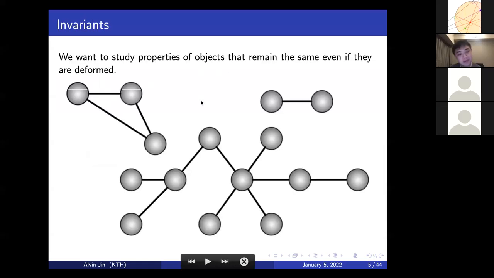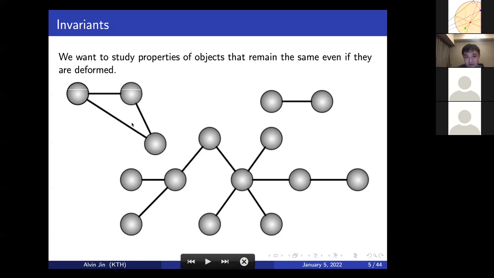So we want to study properties of these objects that are the same even when we do these deformations. In this picture right here, one property that remains constant is the number of connected components.